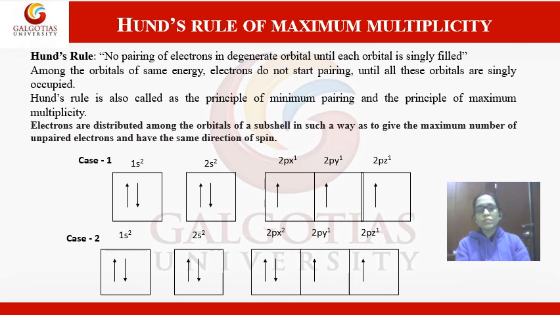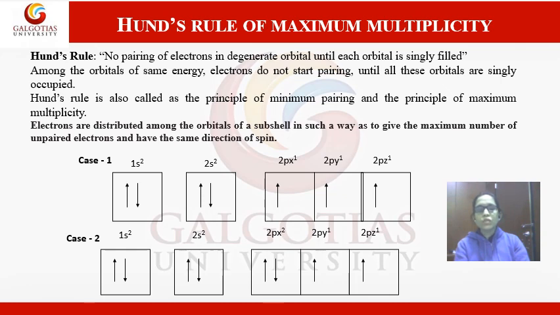Among orbitals of the same energy, electrons will not start pairing until all these orbitals are singly occupied.